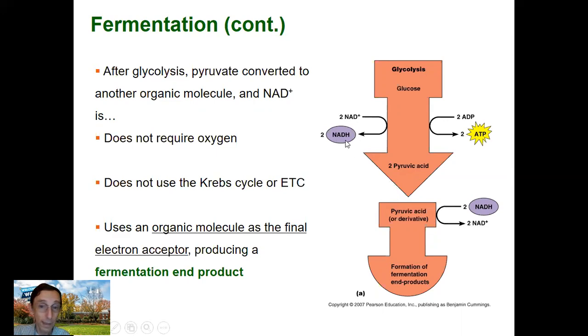Because if it were to keep this and just wait until oxygen came to your muscle cell, it could turn this NADH to the electron transport chain of aerobic respiration, and generate more ATP than it could in fermentation.